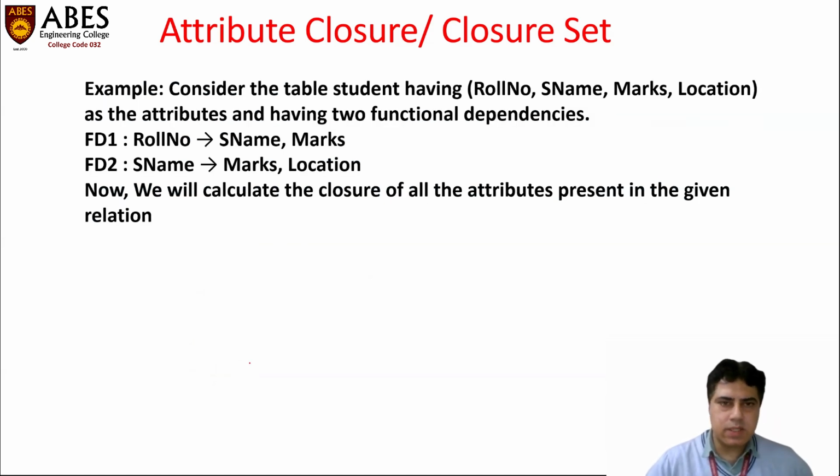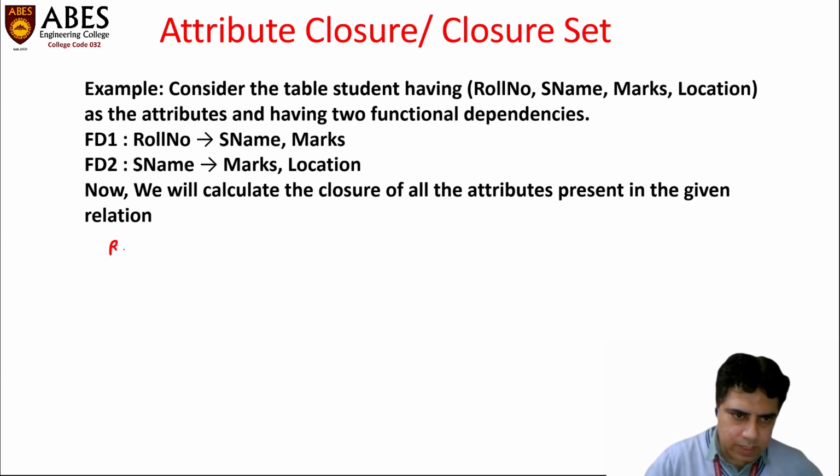Now, let us take one more example. Consider the table student having roll number, student name, marks, location as the attributes, and two functional dependencies are given: roll number determines student name and marks, and student name determines marks and location. Now we will calculate the closure of all the attributes present in the given relation.